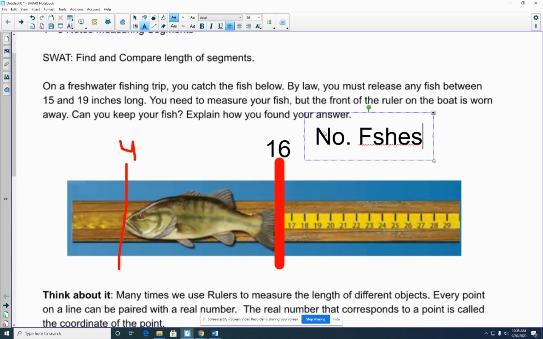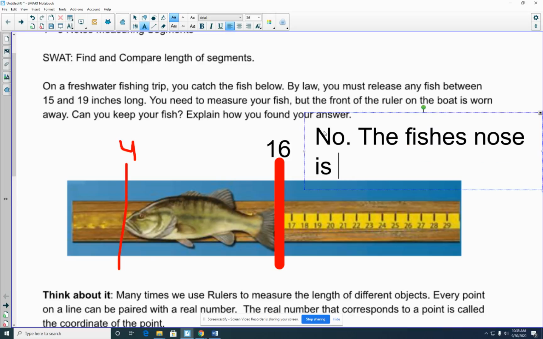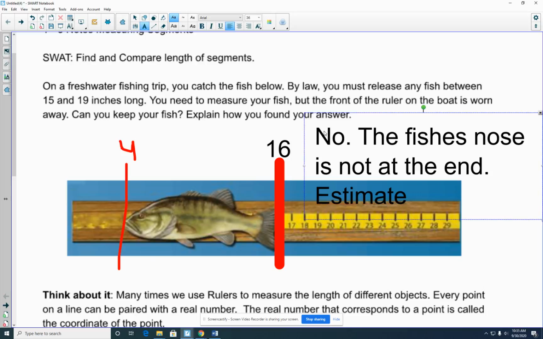Well, the fish's nose is not at the end, right? And I estimated approximately, it's between the 16 and the 4, so it's about 12 inches long.